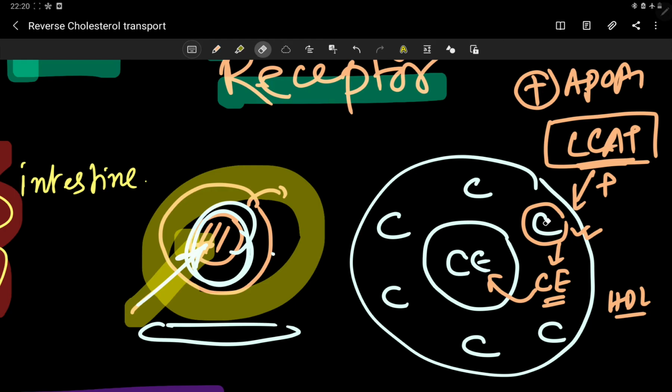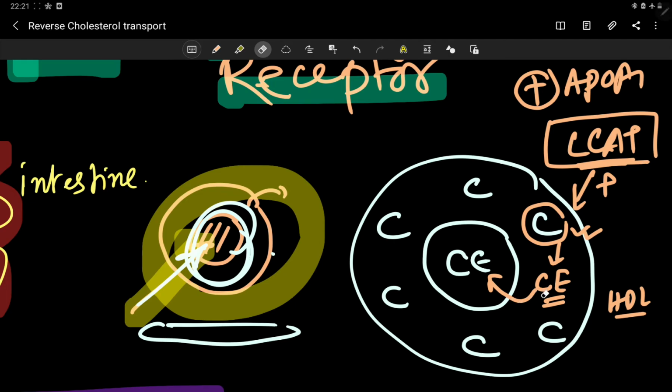When LCAT is acting on it, the cholesterol is converted into your cholesterol ester. This cholesterol ester is not polar. This is your hydrophobic substance. Okay, and this cholesterol ester is now mobilized from the periphery of the HDL into the core of the HDL. So this is the action of the LCAT.